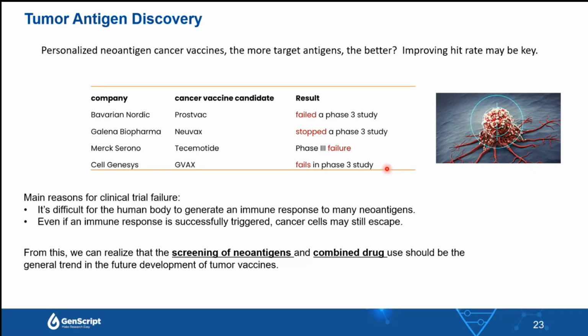And even if an immune response is successfully triggered, cancer cells may still escape. So from this, we can realize that screening of neoantigens and combined drugs should be the general trend in the future development of tumor vaccines.